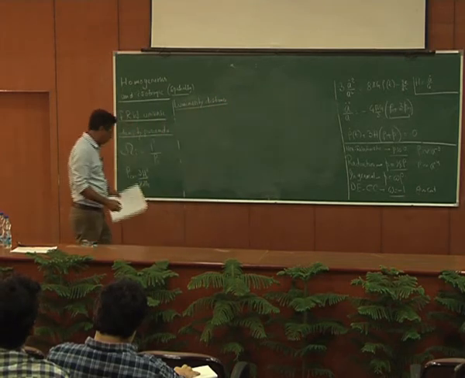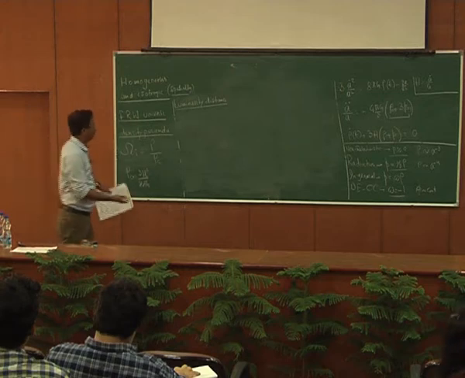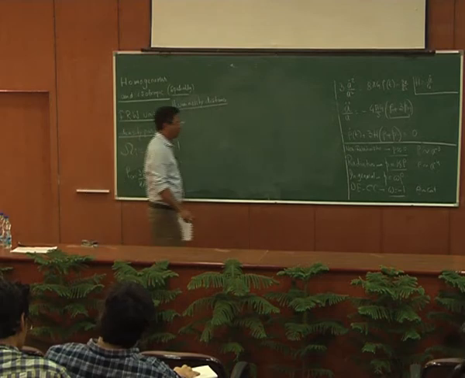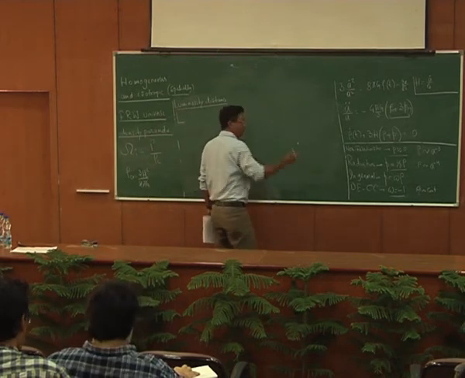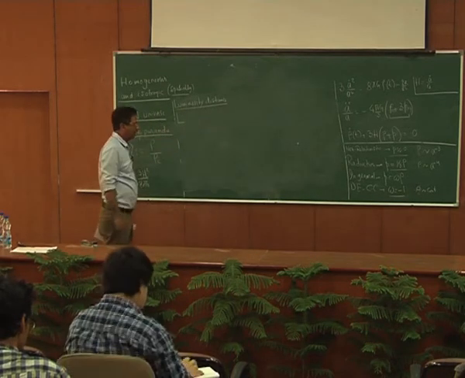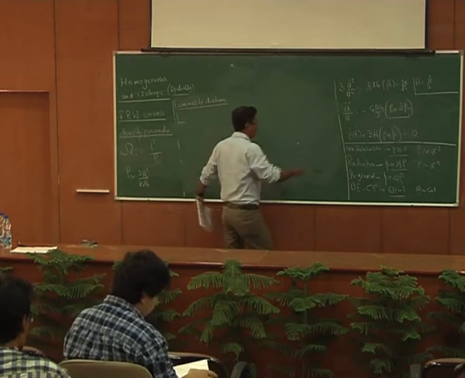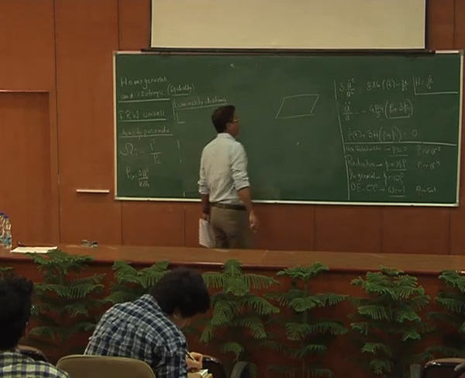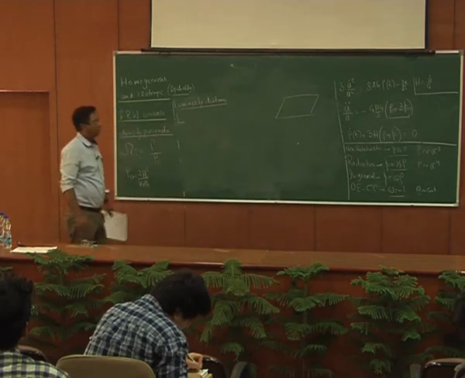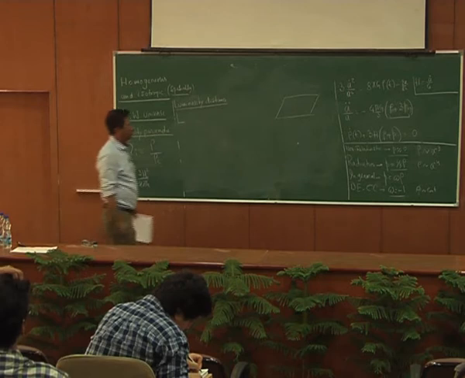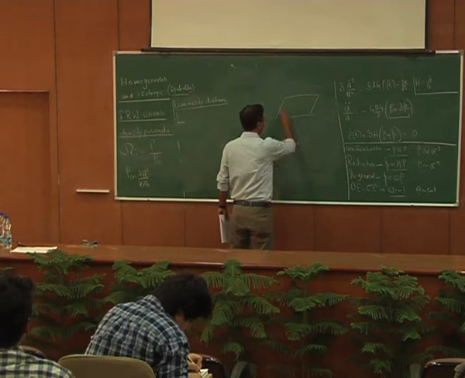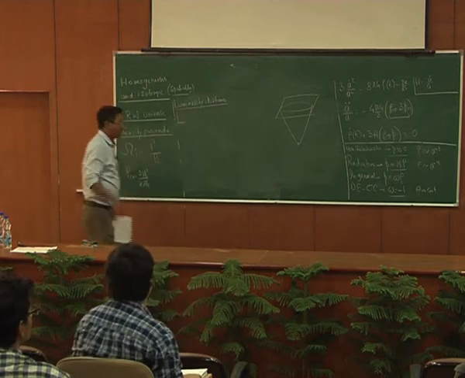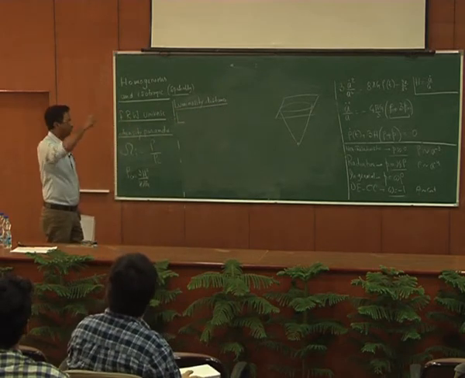The idea is simple: if you have a standard candle which has an absolute luminosity, at some point in the universe at some redshift, and it is emitting light in all directions, and you are here at the t equal to t naught hypersurface, you receive light in a sort of cone, uniformly, isotropically distributed.